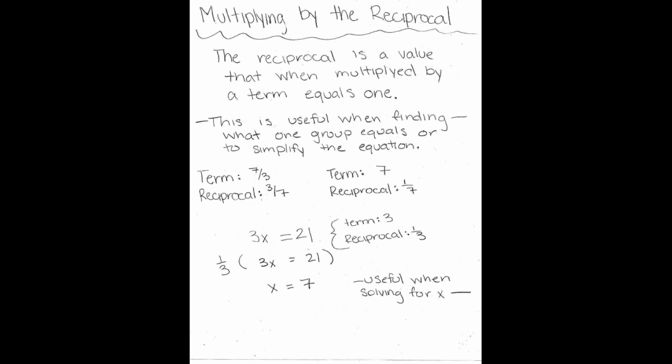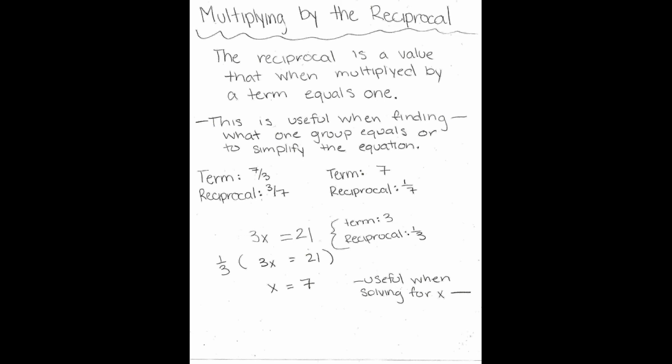When using an equation and multiplying by the reciprocal to solve for a missing variable, we could have an example like the following. 3x equals 21. Our term is 3, our reciprocal is 1/3. When we multiply both sides of this equation by 1/3, we can simplify our 3x down to a singular x, which helps us solve for our variable.